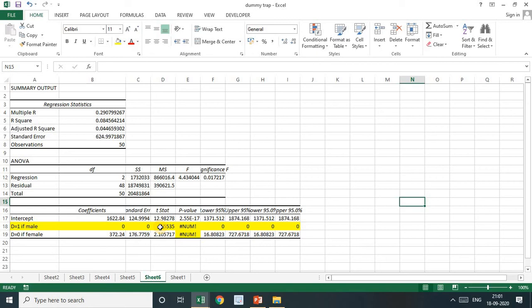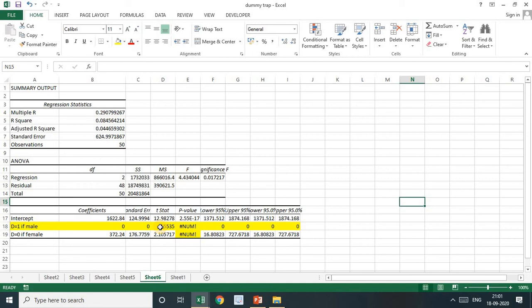So if we have two categories, then we should not introduce two dummies. Always introduce one less dummy. Suppose a variable has 5 categories, you can introduce 4 dummies. If it has 3 categories, you can only introduce 3 minus 1, that is 2 dummies.